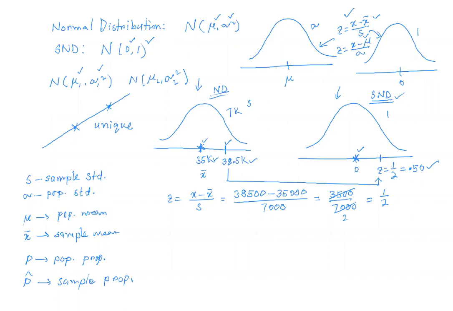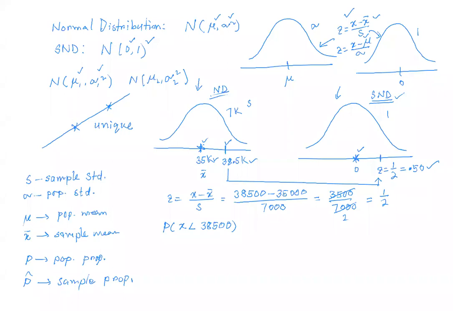Now, if I want to find the probability, so let's find something. Find the probability that a randomly selected person makes less than 38,500. Let's say we want to find that probability. Remember, in the continuous case, probability is measured by area under the density curve.